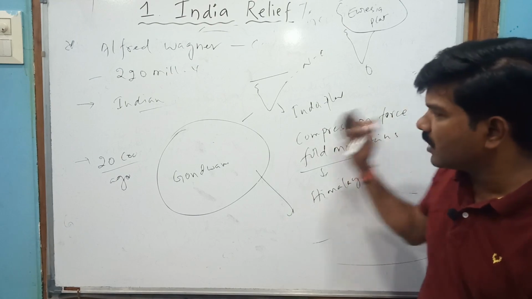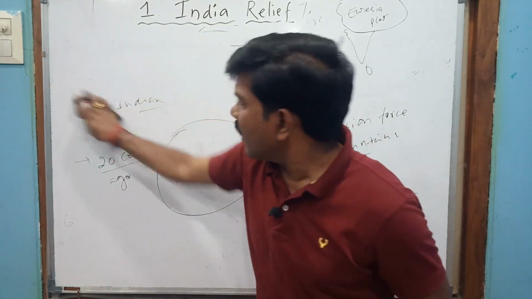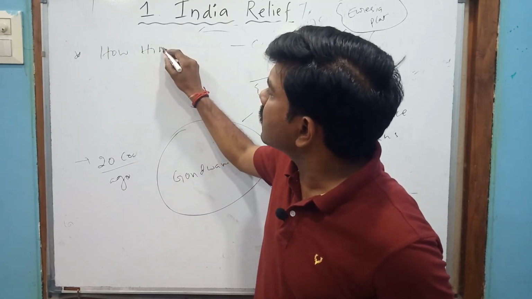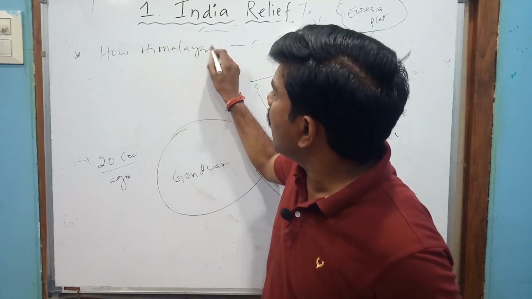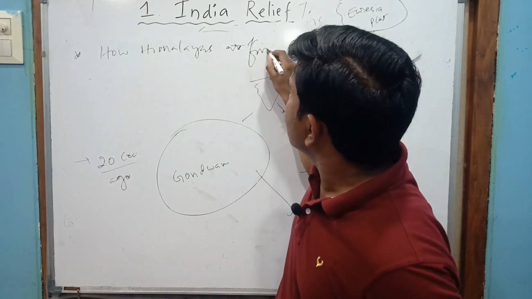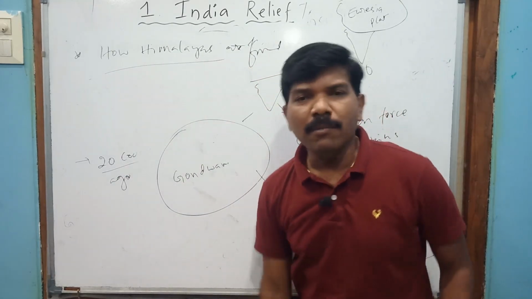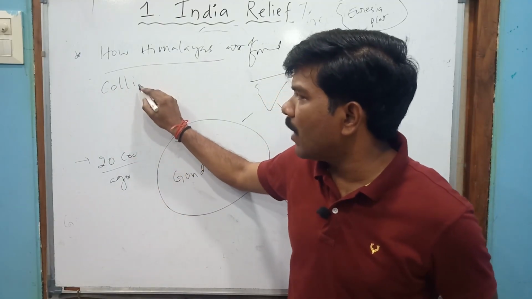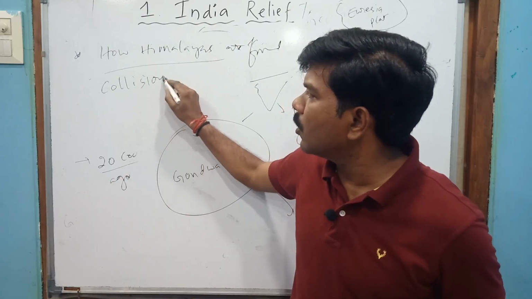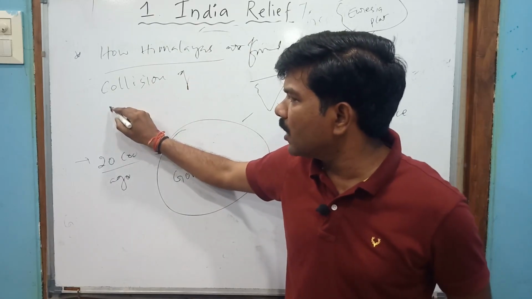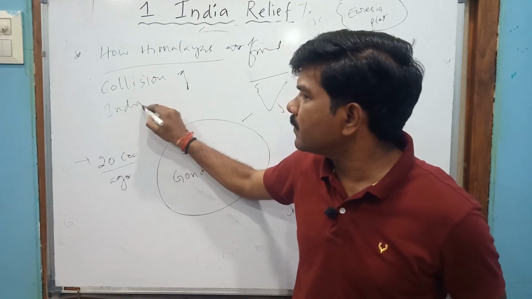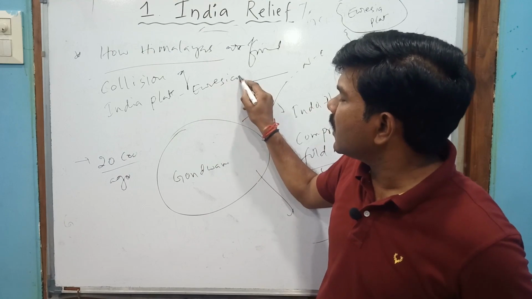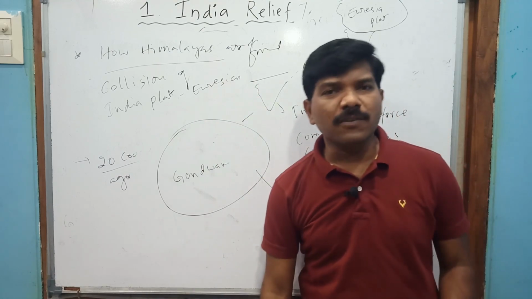How are the Himalayas formed? There is a question again. They may ask you how the Himalayas are formed. The Himalayas are formed due to the collision of two plates: the India plate and the Eurasian plate.